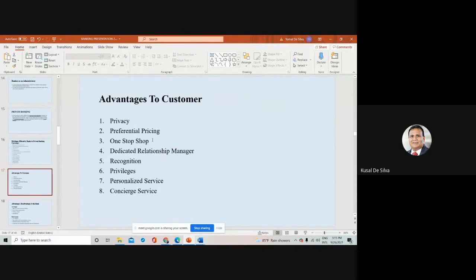Then the recognition. Sometimes when a customer calls the call center, these privileged customers are diverted. Their calls are routed as priority calls. A lot of call centers have been configured like that.